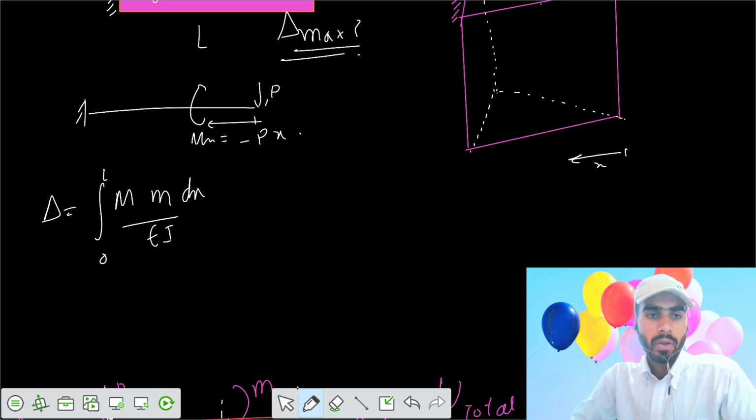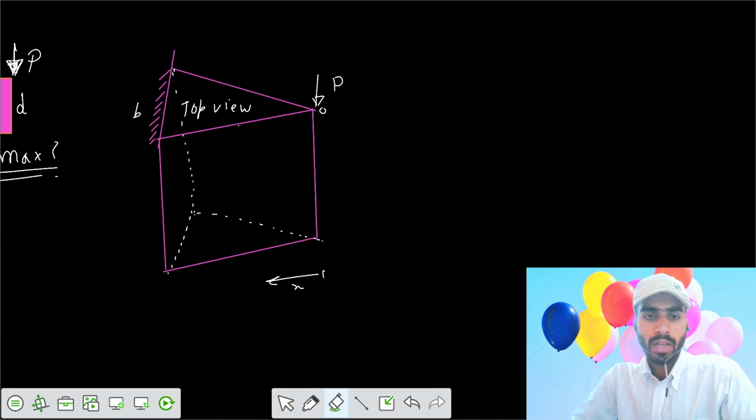But your value of I is also changing here. It should be I at any x, because your value of b is changing. Say at any x you have that cross section, you need to get the value of b at any x.